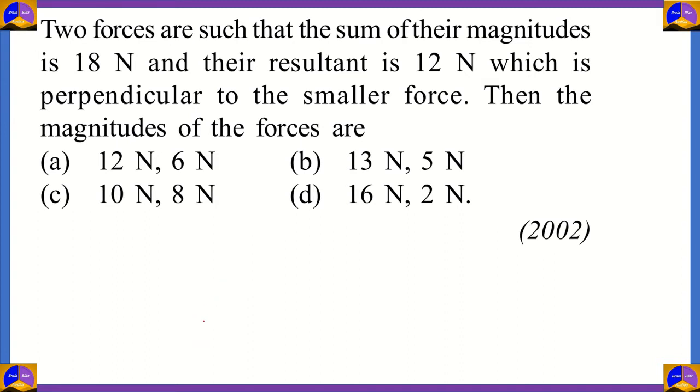So from, say, a point O, you have a vector P going in this direction, and a vector Q which is at an angle theta with P, and then you will have a perpendicular vector to Q which is R. So the resultant vector here is perpendicular to vector Q, and then from this you can form a parallelogram like so.